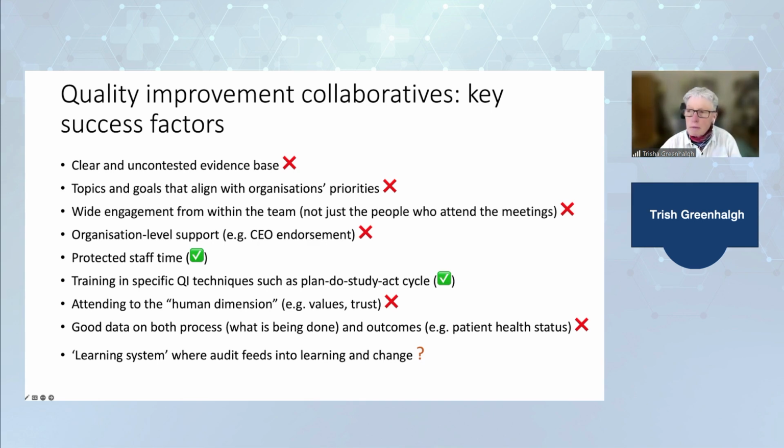Attending to the human dimension, there was some interesting stuff came up when we audited one clinic about how much the clinicians, the frontline clinicians, trusted the research team, and how suspicious people were of us being there. We needed good data on both the process of care and the outcomes of care.